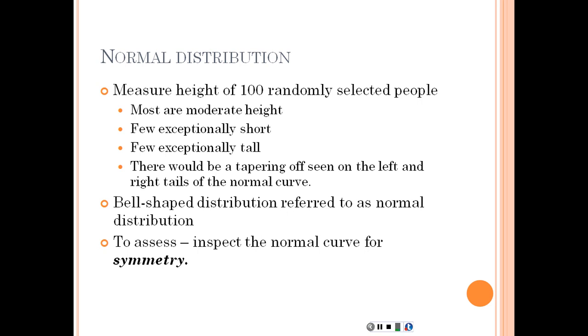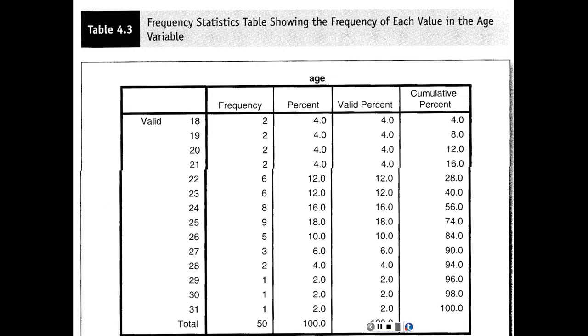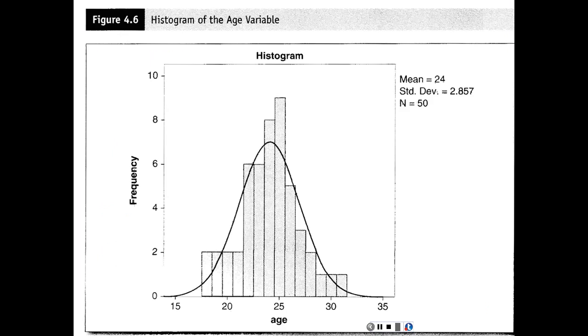This phenomenon of the bell-shaped distribution is so common that it's referred to as a normal distribution. And when assessing a histogram for normality, we are expecting the normal curve to be symmetrical. So again, looking at our histogram, this is our normal curve right here, where we said that there's going to be a few people here who are a little younger, going back to our age histogram.